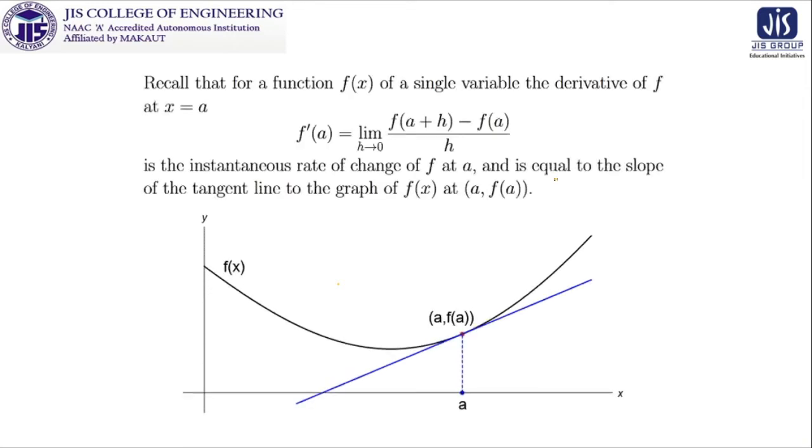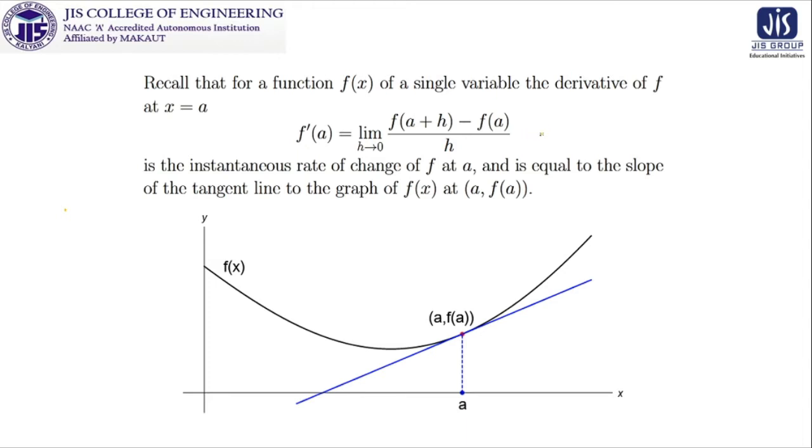As we have stated that we are going to relate it with function of single variable, we can easily recall that for a function f(x) of single variable, the derivative at x equal to a from definition is nothing but f dash a is equal to limit h tends to 0 of f of a plus h minus f(a) by h.